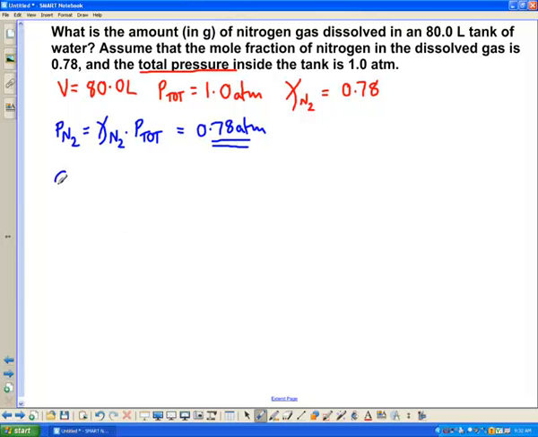So therefore we can apply Henry's law and say, well, the solubility of nitrogen is going to be equal to the Henry's law constant for nitrogen, and we can look that up, times the partial pressure of nitrogen, which we just found. Now it turns out that the Henry's law constant for nitrogen is 6.1 times 10 to the negative 4 moles per liter per atmosphere.